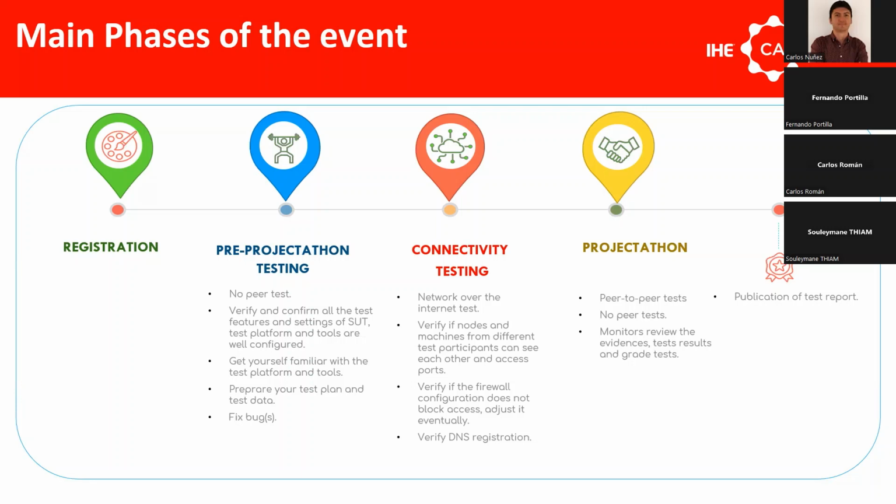And after the event, 2 weeks after, we will send you the report of your testing. How many tests did you execute? On IPS, how many tests did you execute? On MHD, which test failed, which test is okay, which test is partially verified. So you will have globally all of that information in your report.